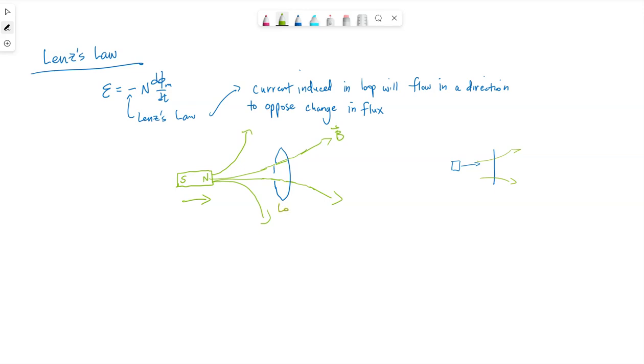So this is my loop of wire here. As I move my magnet to the right, I can draw all these magnetic field lines again, but now I'm closer to the loop.